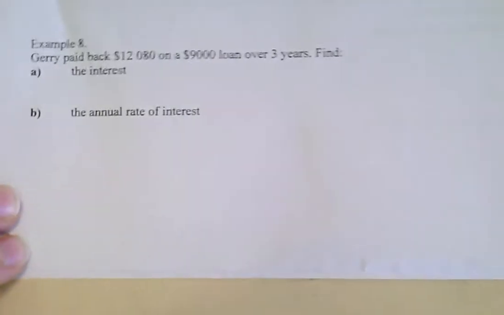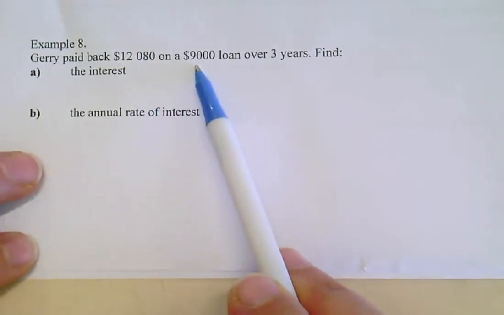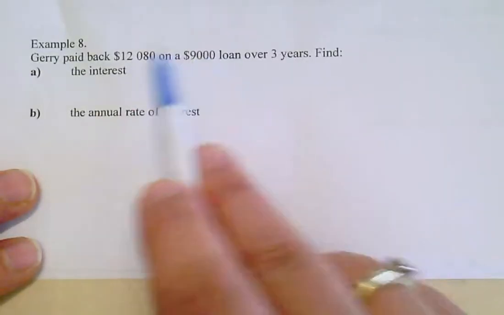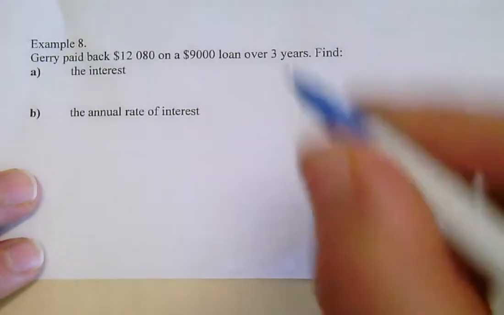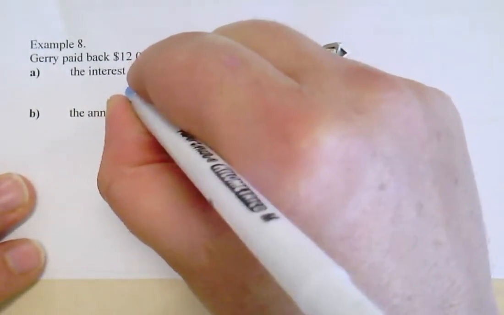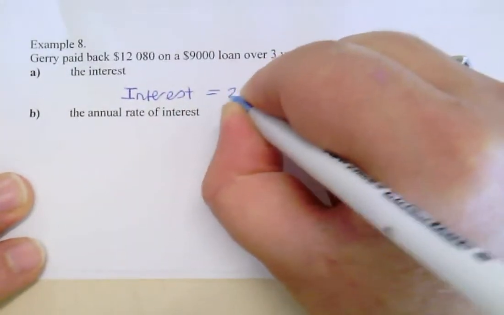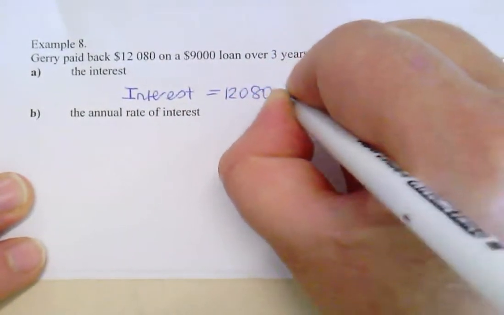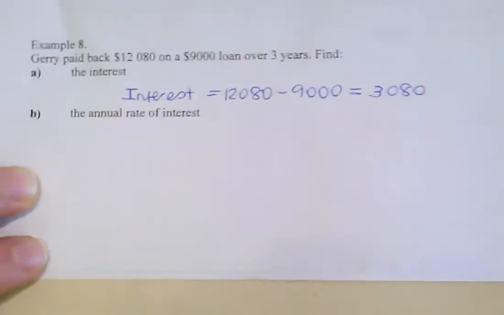So in this example, Jerry has paid back $12,080 on a $9,000 loan. Anything over the $9,000 that he pays back is interest. So how would I work it out? 12,080 minus 9,000, which is $3,080 interest.